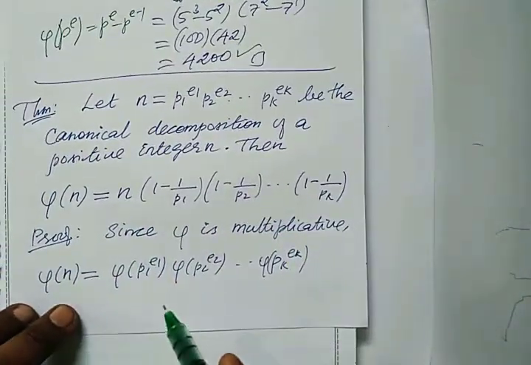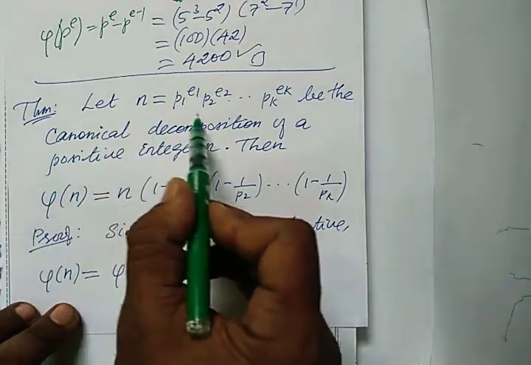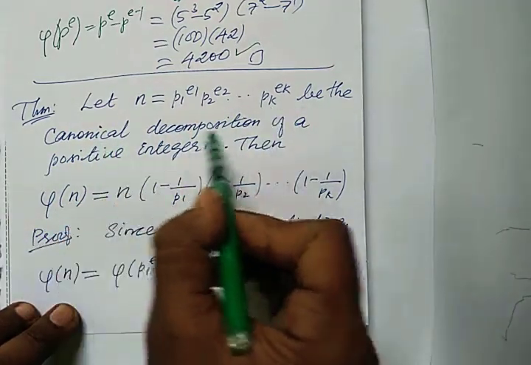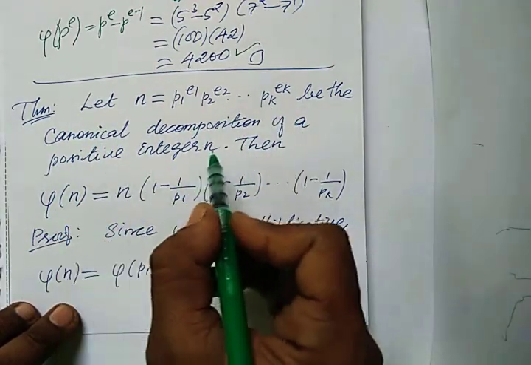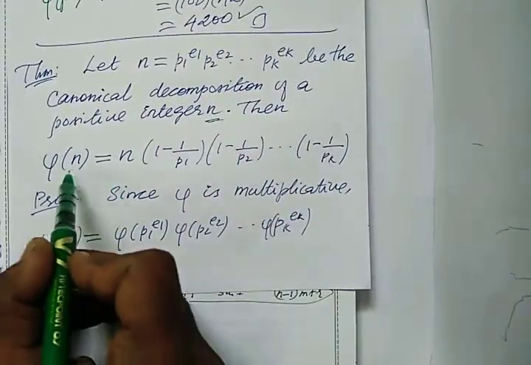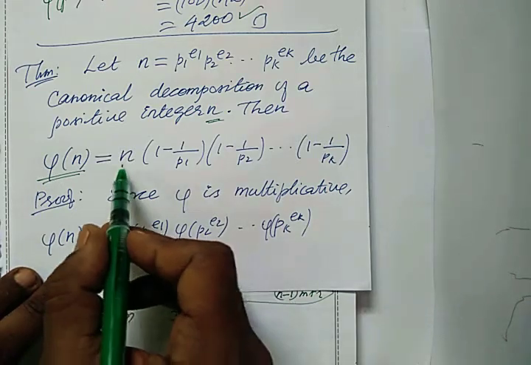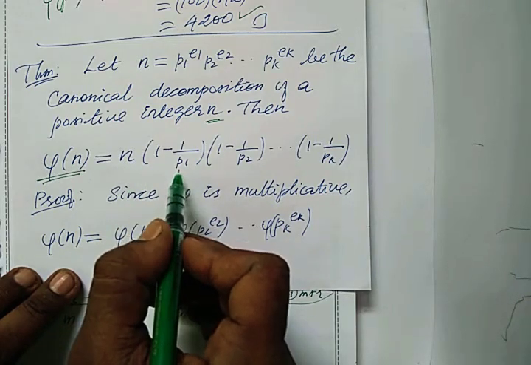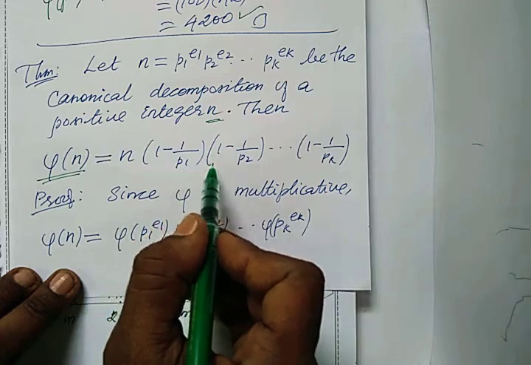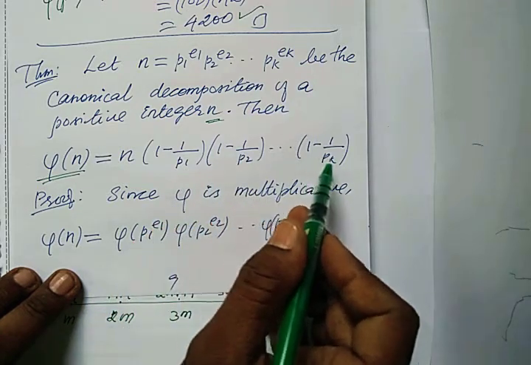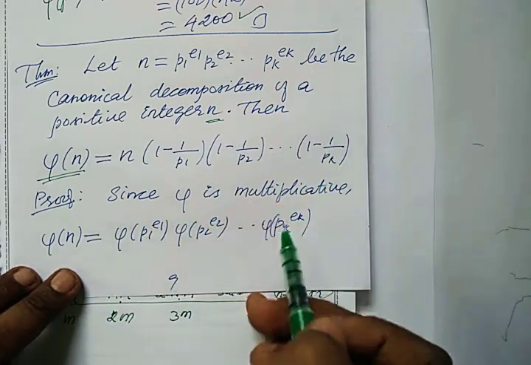Now again a simple theorem. Let n equal to this be the canonical decomposition of a positive integer n. Then phi of n is equal to n into 1 minus 1 over p1 into 1 minus 1 by p2 etc. 1 minus 1 by pk.